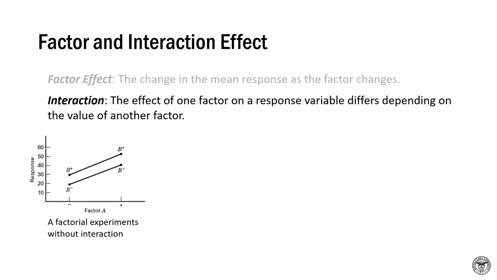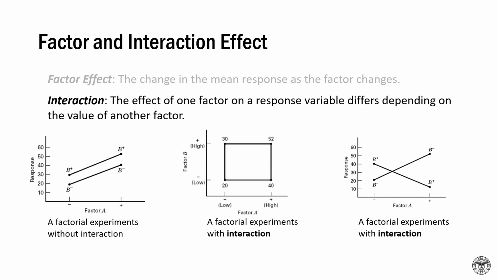If there's no interaction, the effect of one factor on the response variable is the same at all levels of the other factor, as illustrated in the leftmost graph.